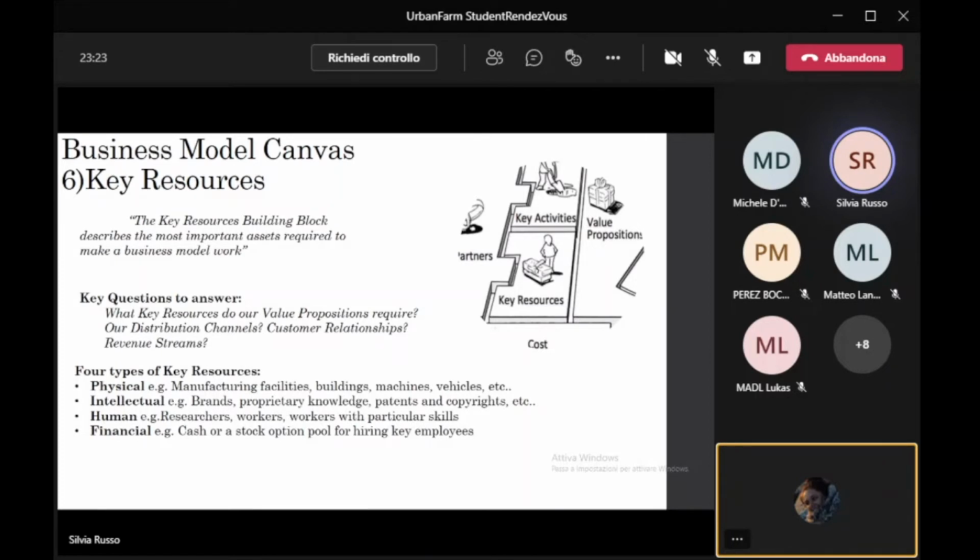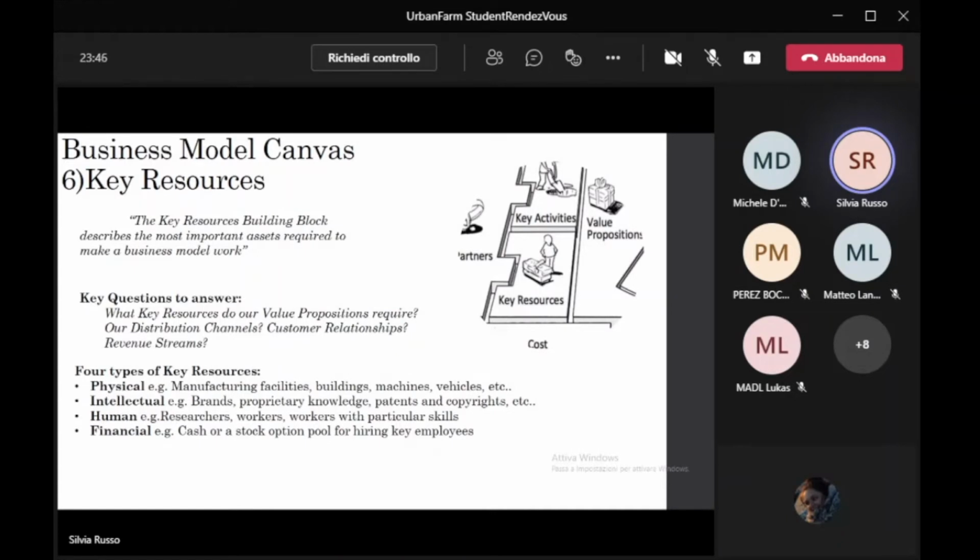To fill in the key resources building block, we can ask ourselves what key resources do our value proposition require, our distribution channels, customer relationships, and revenue streams.